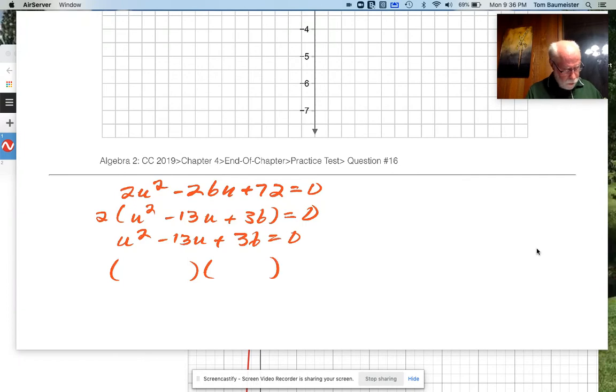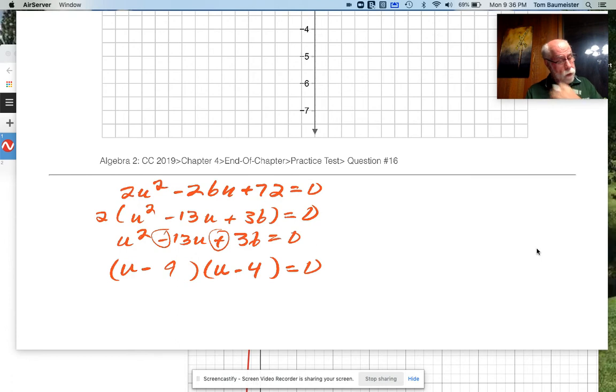So we'll get u into u. Remember, this one's plus, so I look at that one. What are factors of 36 that when I multiply them, give me 36, yet when I add them, give me negative 13? And you would tell me, oh, hey, it's u minus 9 and u minus 4 is equal to 0.